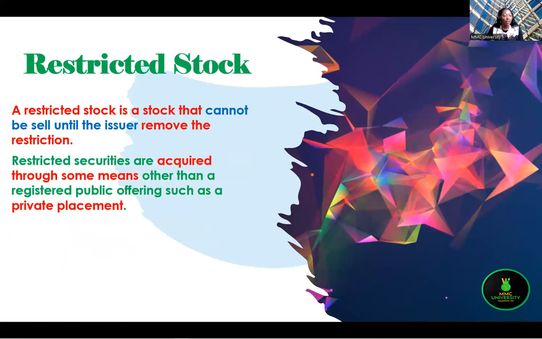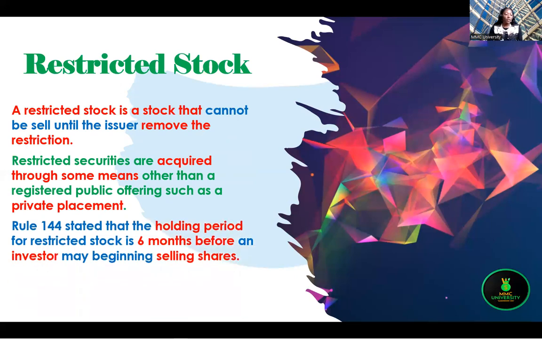Normally they require that the securities must be fully paid and held for a period of 6 months before they can actually resell them. Restricted securities are acquired through some means other than a registered public offering, such as a private placement. Rule 144 states that the holding period for restricted stocks is 6 months before the investor may begin reselling those shares, and the issuer must remove that restricted symbol on the certificate before they can be resold.